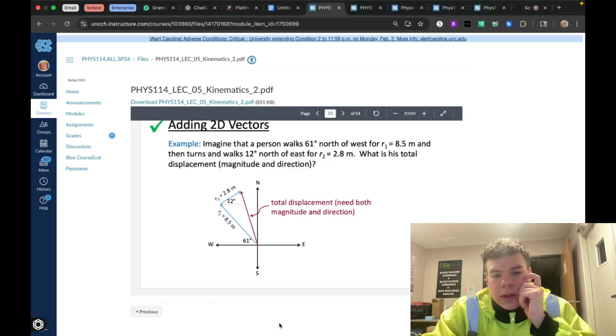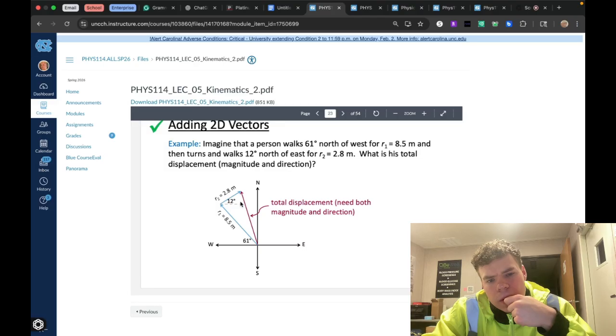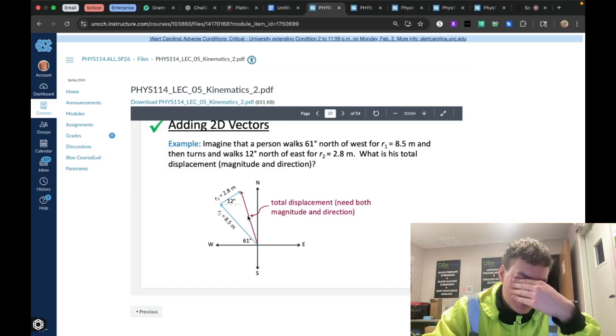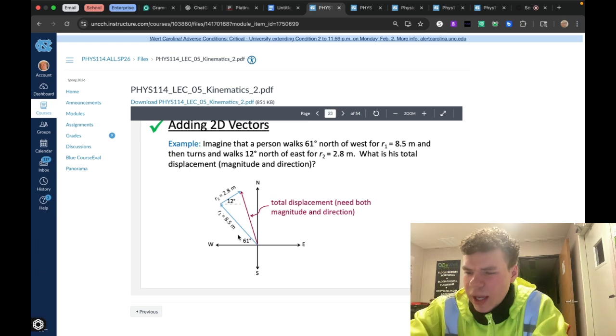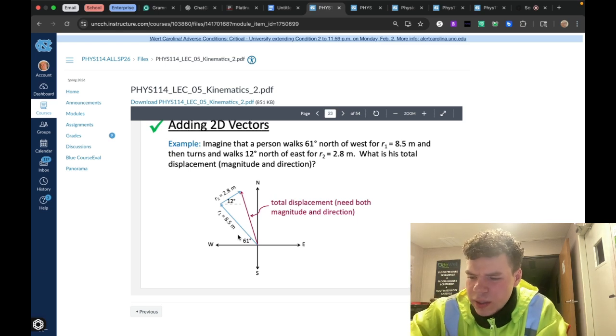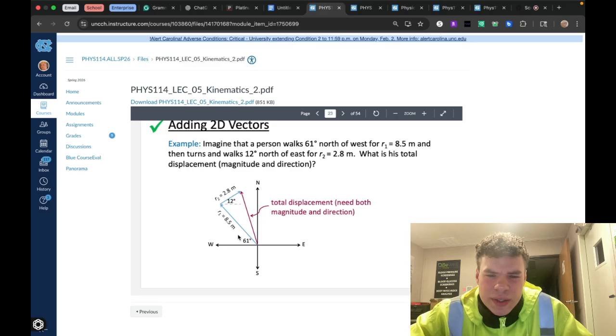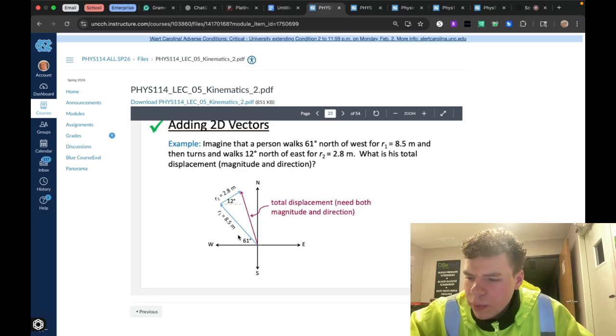And then once we have that, we can find the distance of that, I guess. I don't know. This is confusing, but we'll figure it out. So, cool. So we have a little graph here, and then we have 61 degrees north of west. So we have a little 61-degree angle, and then this goes for 8.5 meters.